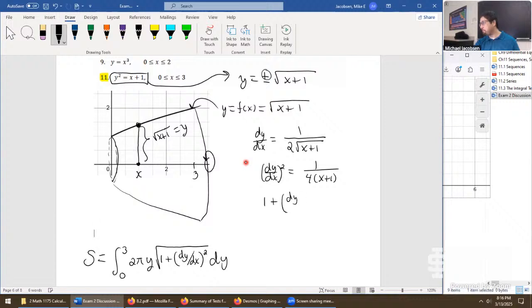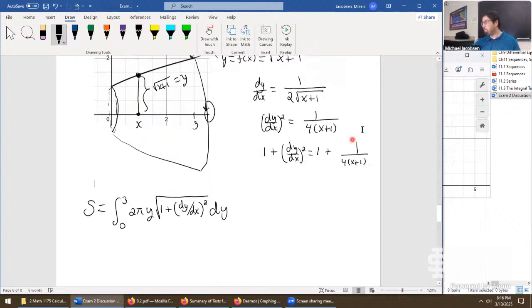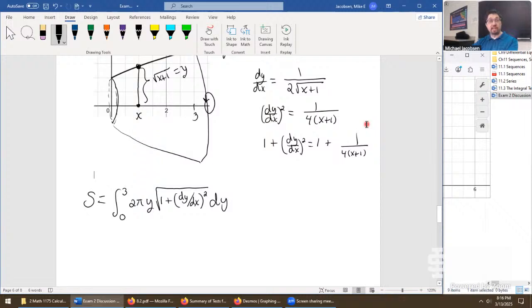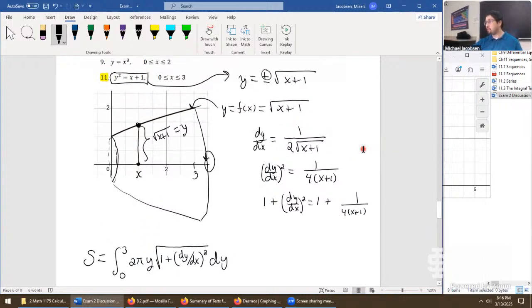1 plus dy dx squared is 1 plus 1 over 4 x plus 1. Now, sometimes you do want to do lots of stuff algebraically to this. Try to get to the point it's something to a power 2. But question first: you have a common denominator, so you just did 4x plus 4 for the 1 over itself?